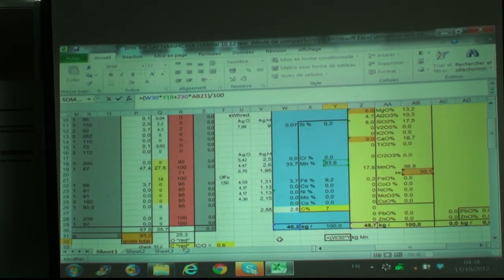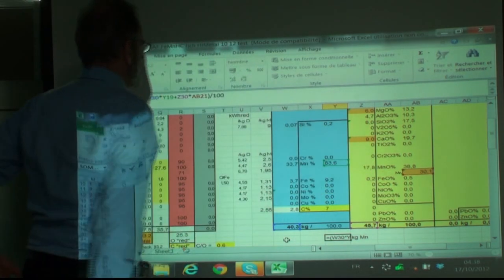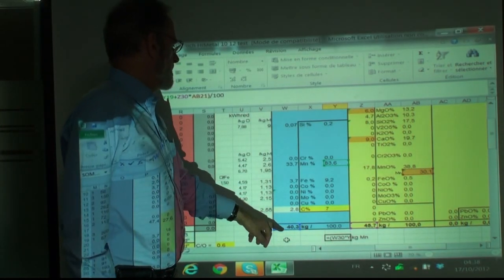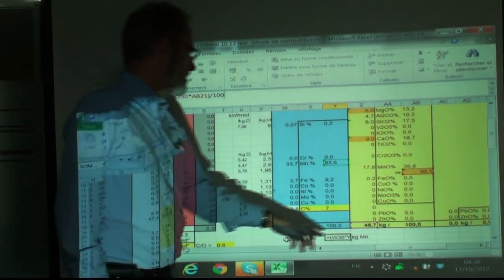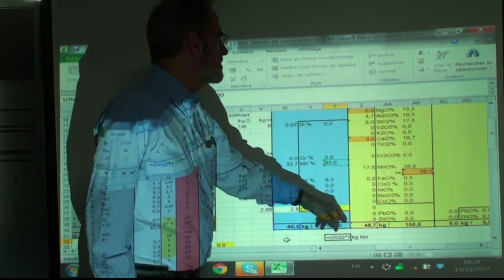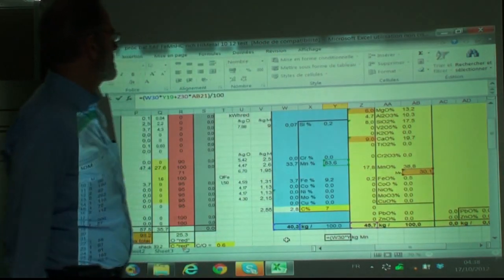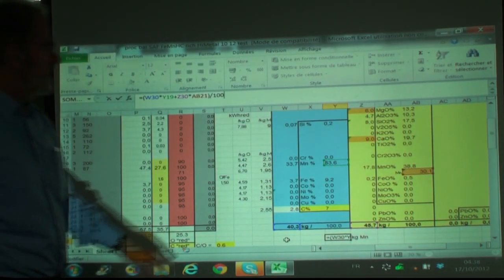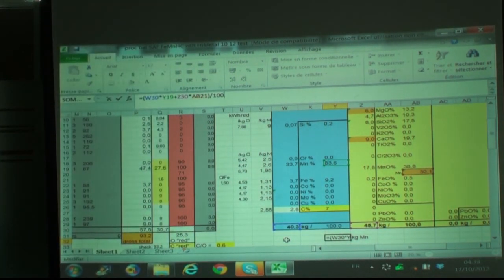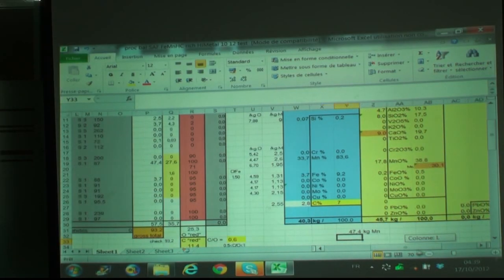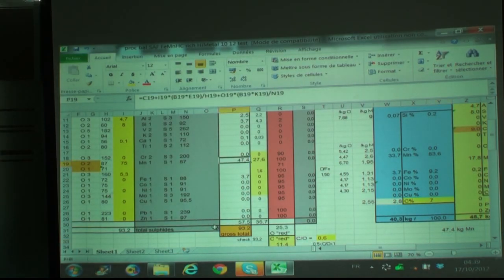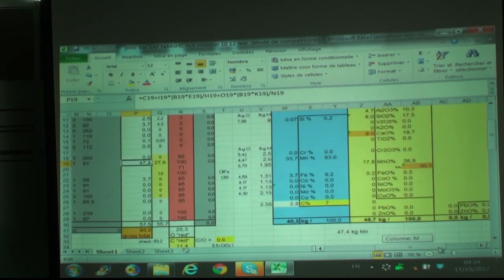If my manganese balance is good, I say that the total manganese of the metal and of the slag is 40 kilo times 83% plus 45.7 kilo times 30.1, and this gives me 47.4 kilo, and this I compare with this, so it is correct. Okay.